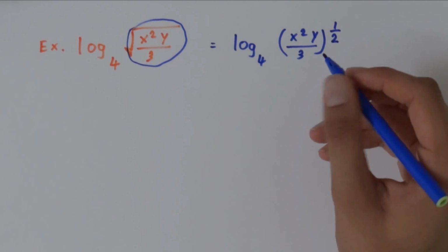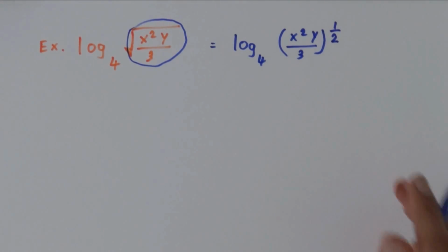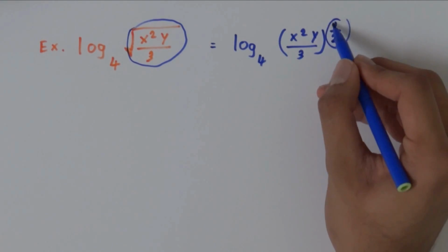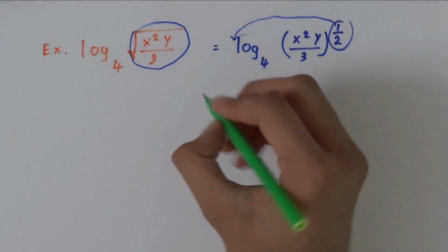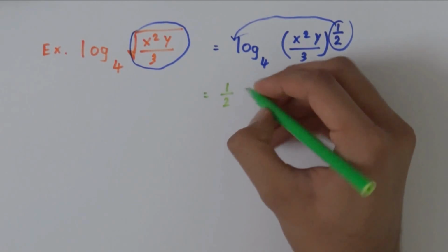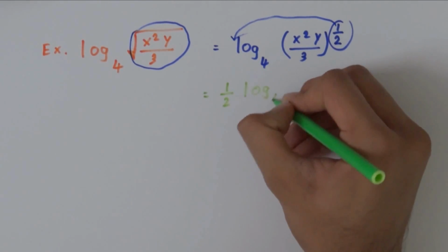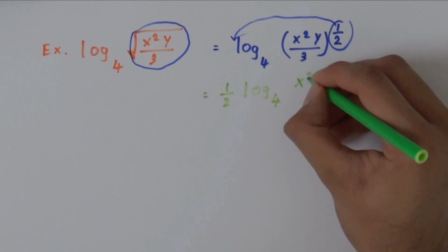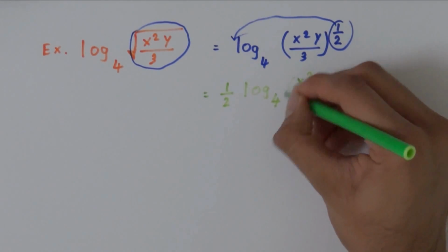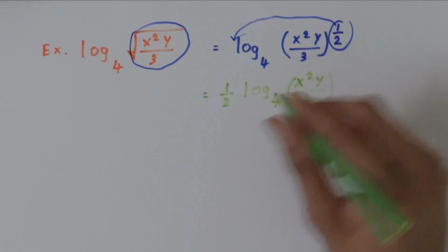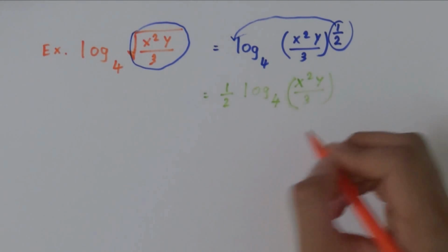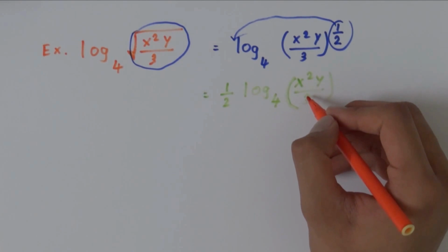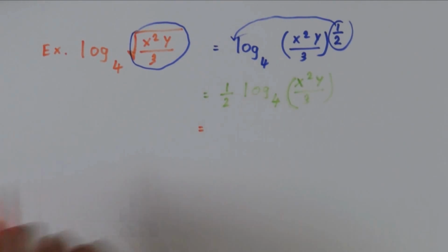From property 3 we can send this power ahead, so that is equal to 1 by 2 log base 4 of x squared y by 3. Let me just write the properties first so that it would be easier.